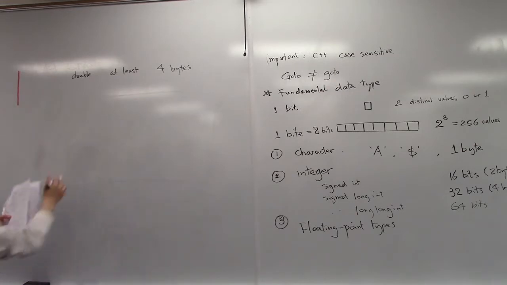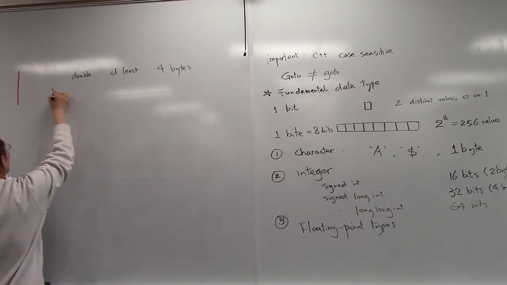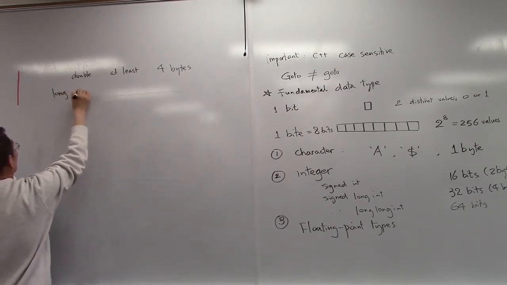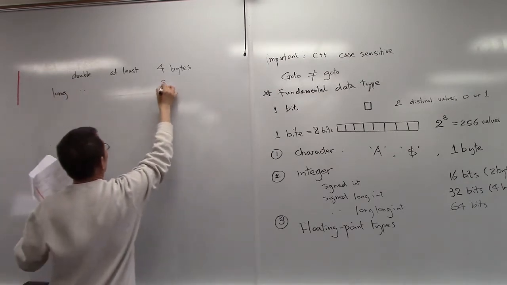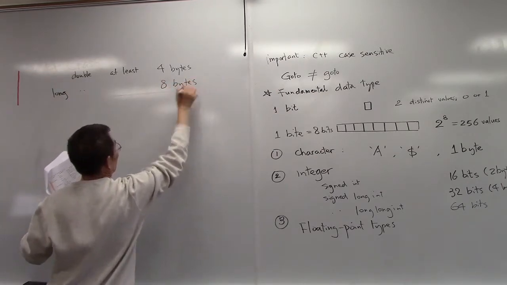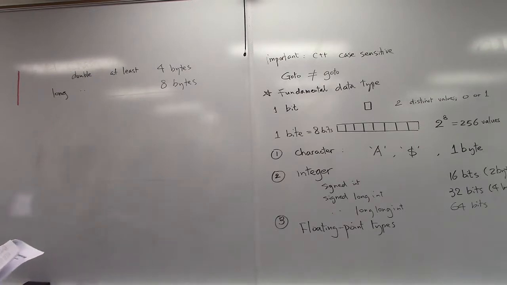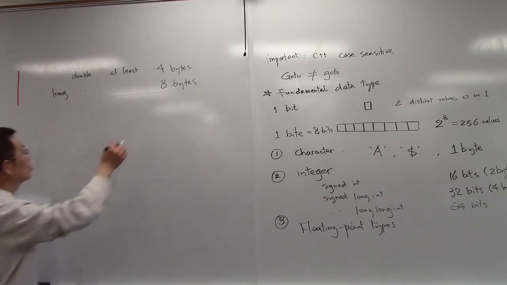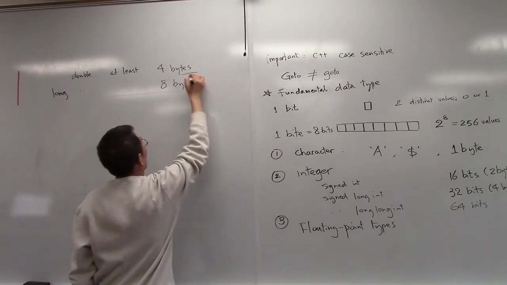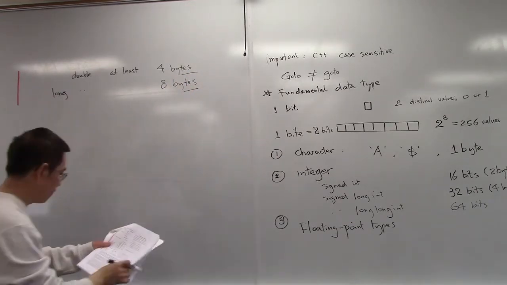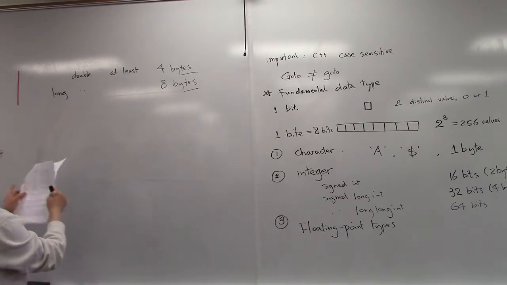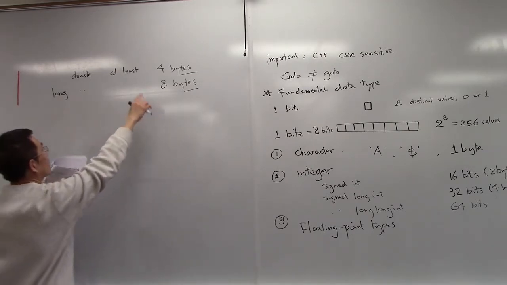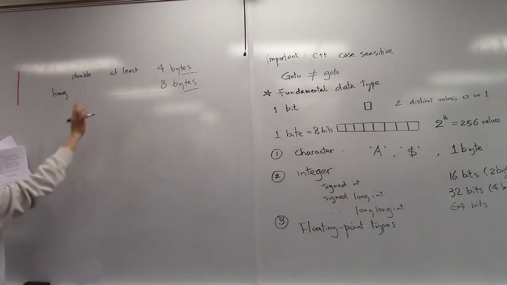And there's the long double, and that will be at least 8 bytes. Unfortunately, the handout I have here, I did not list it, I cannot rely on my memory, but at least that, okay? I'm sorry for that.